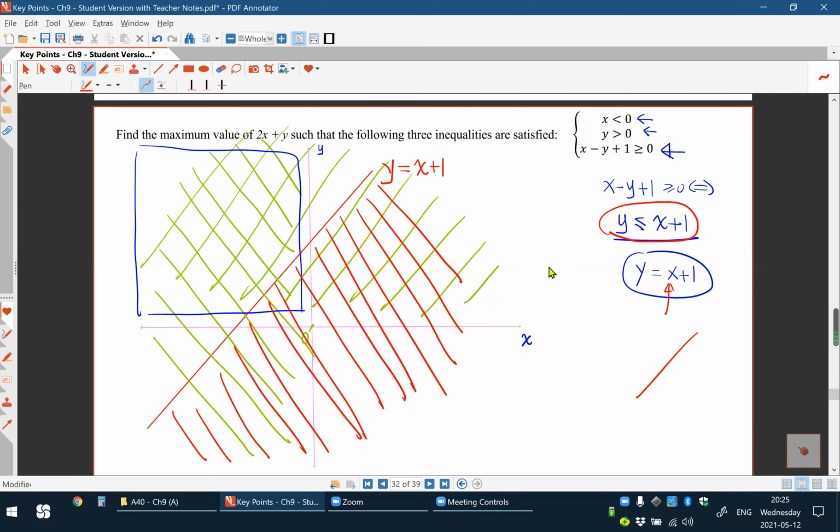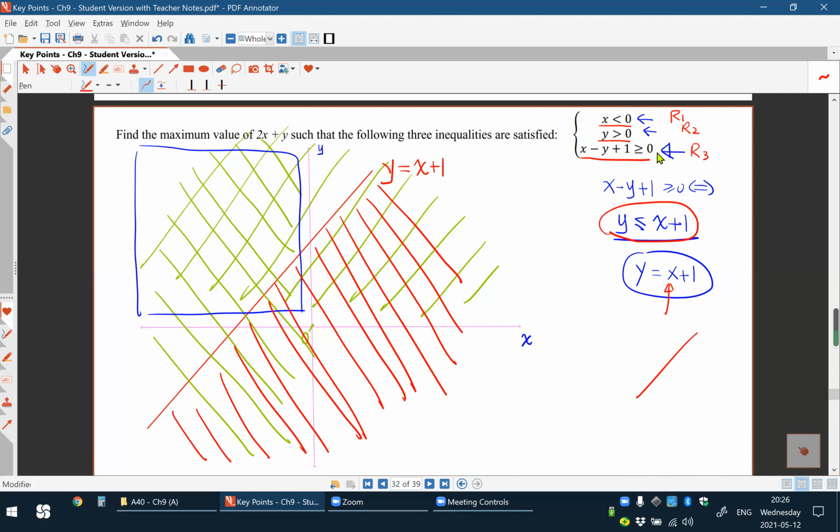Okay, now, can you tell me what is the overlapped area? What is the overlapped region of these three inequalities? Let's say this is region 1, region 2, this is region 3.